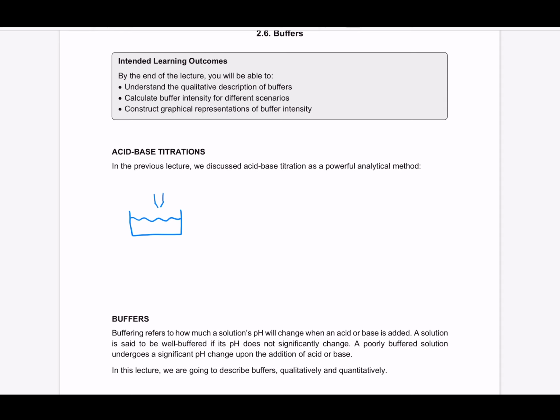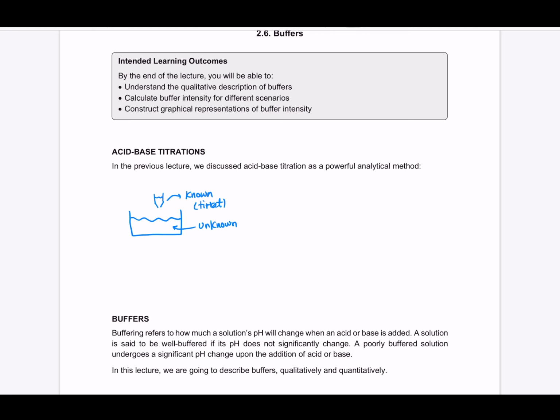We had a titrant, which was known in terms of the composition and also the concentration, and we were adding it to the unknown. Using this simple test, we were able to get a lot of important information from the system, like what kind of acid we might have here, both the concentration and also the pKa value.